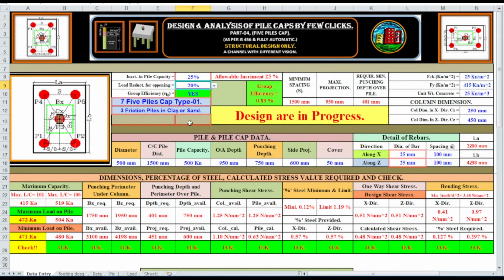Still, it is not okay. Now in group, we can increase the pile capacity not more than 25%. I'm increasing 10%. So it will be 550, 575. Now design is okay.